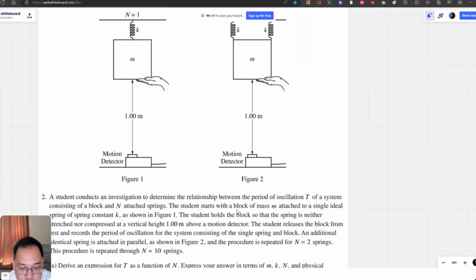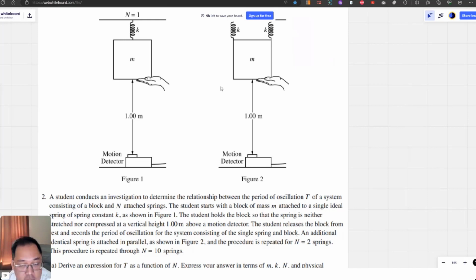The student starts with the block of mass m attached to a single ideal spring of spring constant k, as shown in figure 1. The student holds the block so that the spring is neither stretched nor compressed at the vertical height 1 meter above the motion detector, releases the block from rest and records the period of oscillation for the system consisting of the single spring and block.